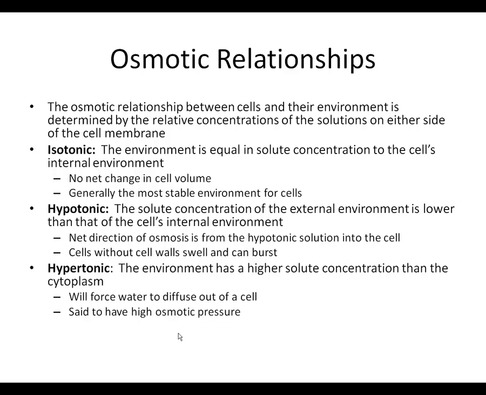You have no net gain of cell volume one way or the other, meaning that the environment is equal on the extracellular side and on the intracellular side, and there's no net change in the way that water moves. This is the most stable environment for the cell.